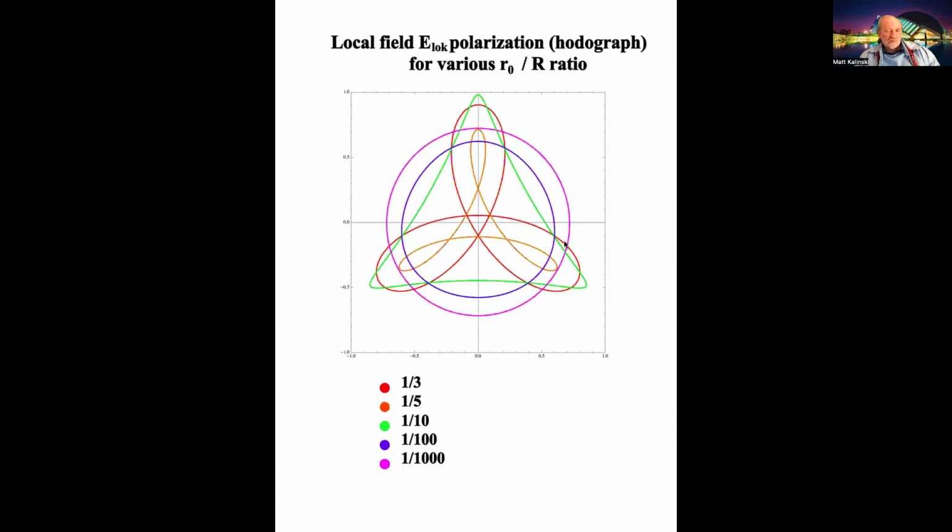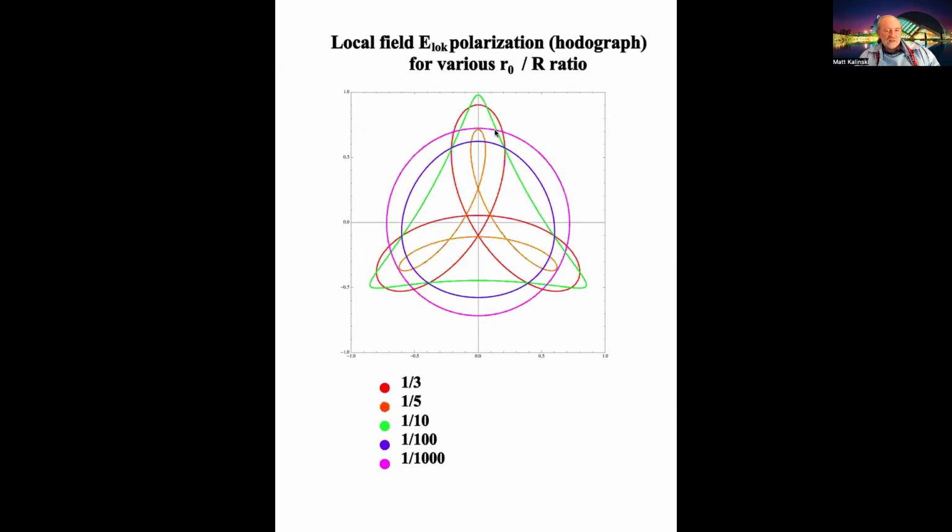But here are some funny shapes, and for 1/10, for example, the triangle is already approaching the circle because it has smooth edges, and for 1/100 already there is an egg which resembles the circle, and for 1/1000 it's already almost a perfect circle.